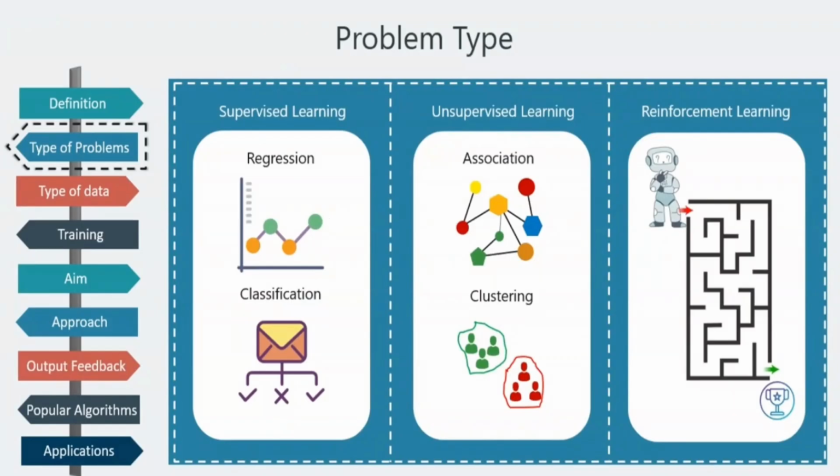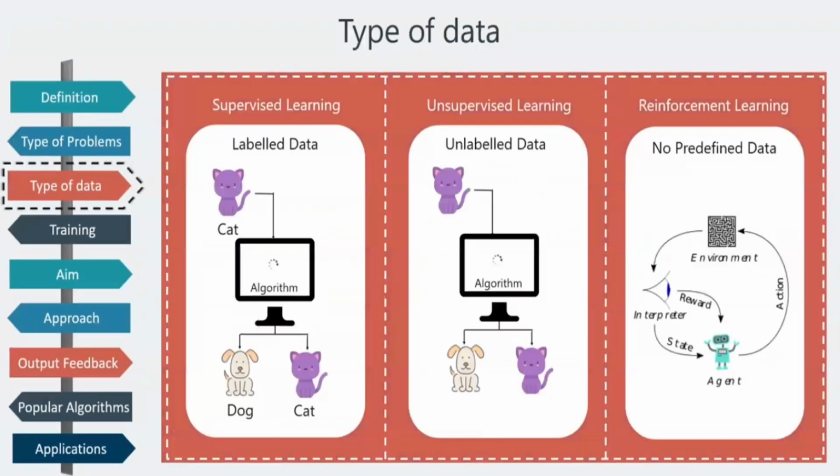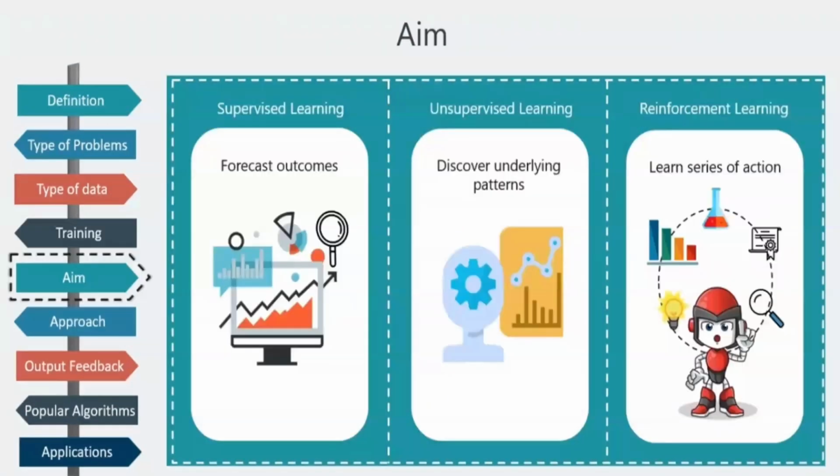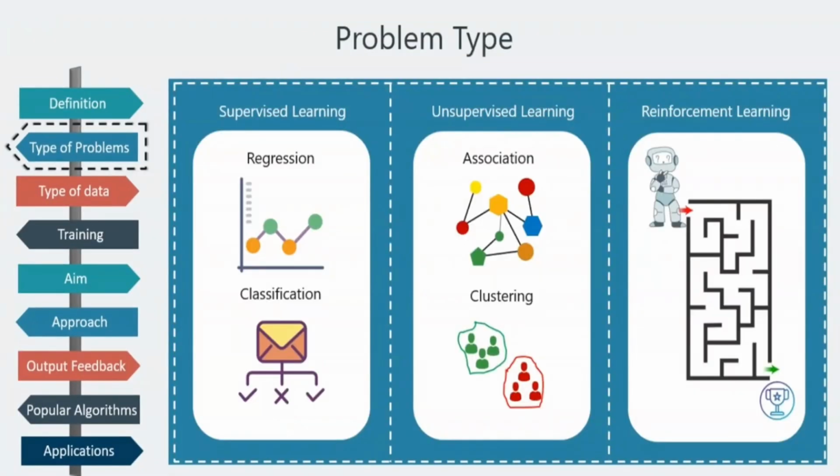So now we shall see for what type of problems we use supervised learning and unsupervised learning. Or else, let us see what type of problems supervised learning deals with.